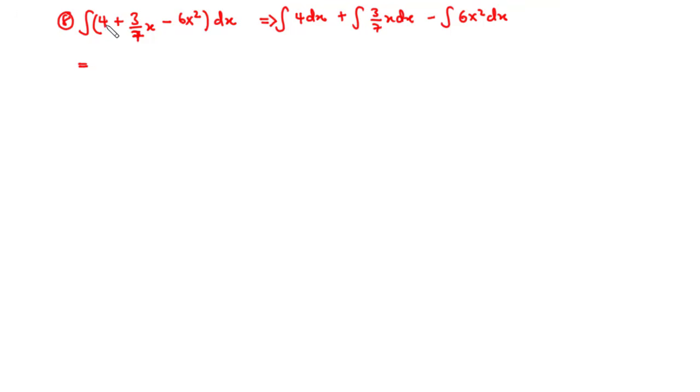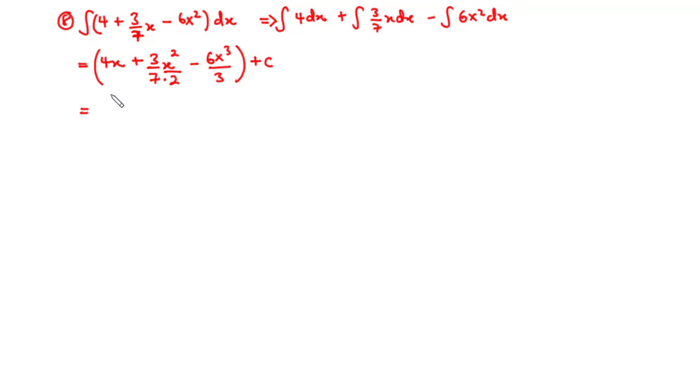So let's try to do it straightforward. You integrate 4 so that you have 4x, plus you integrate 3 over 7x, so that's going to be 3 over 7 times x exponent 2 divided by 2, minus 6x cubed divided by 3 plus c.